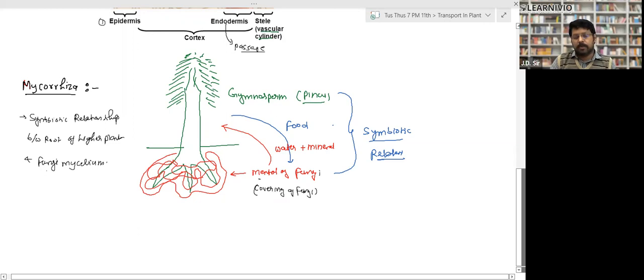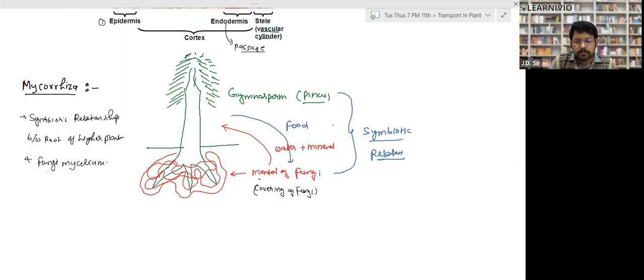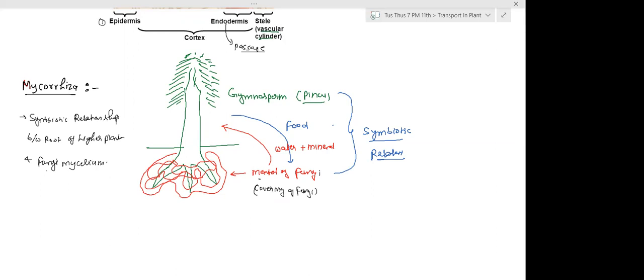That is called mycorrhiza. Is it clear? Yes, sir.